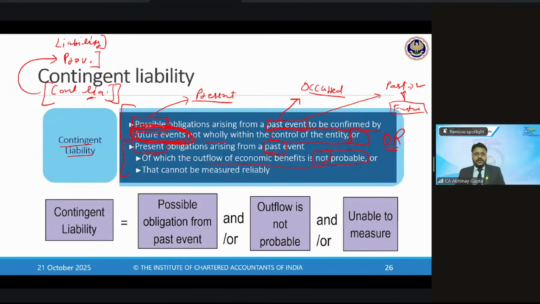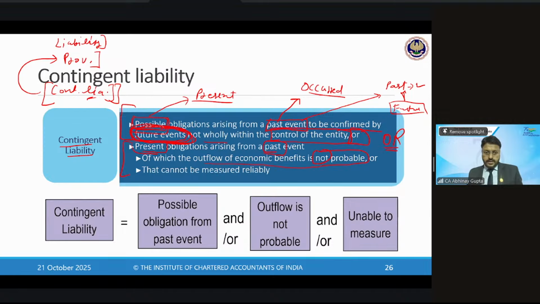The company may become bankrupt as well, so investors will lose their money. That's why this disclosure is very important, so that investors get to know what all contingent events are there, which, if confirmed against the company, will cost the company how much additionally. So that is a crucial disclosure which highlights the risk in the company. Correct?